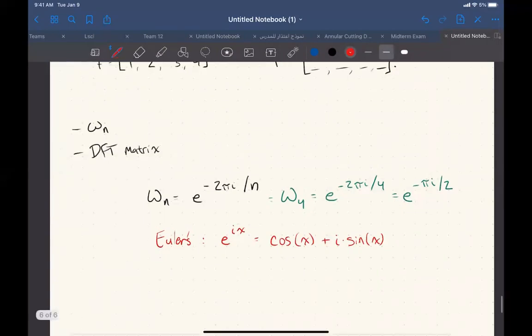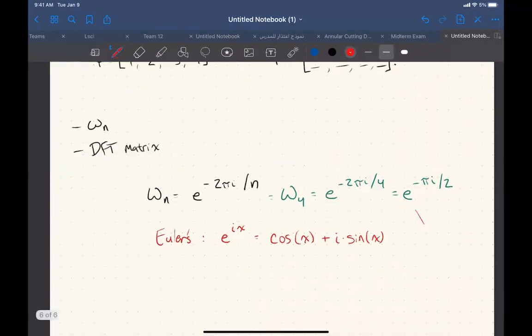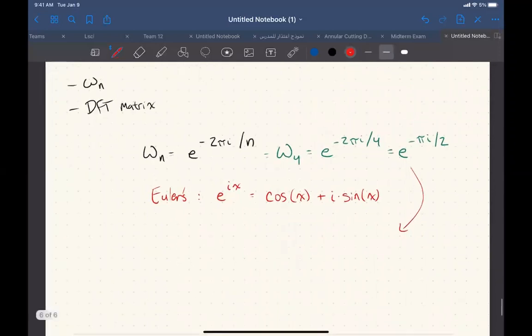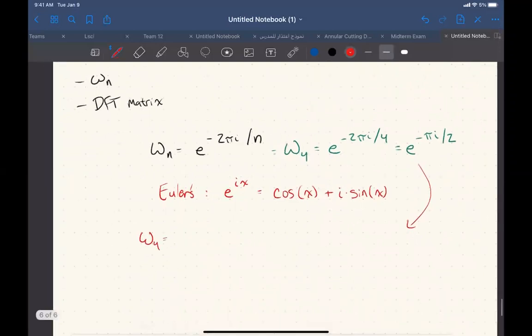So let's rewrite this equation using Euler's formula, and we'll see that omega n, or omega 4 in this case, is equal to cosine of negative pi over 2 plus i sine of negative pi over 2.